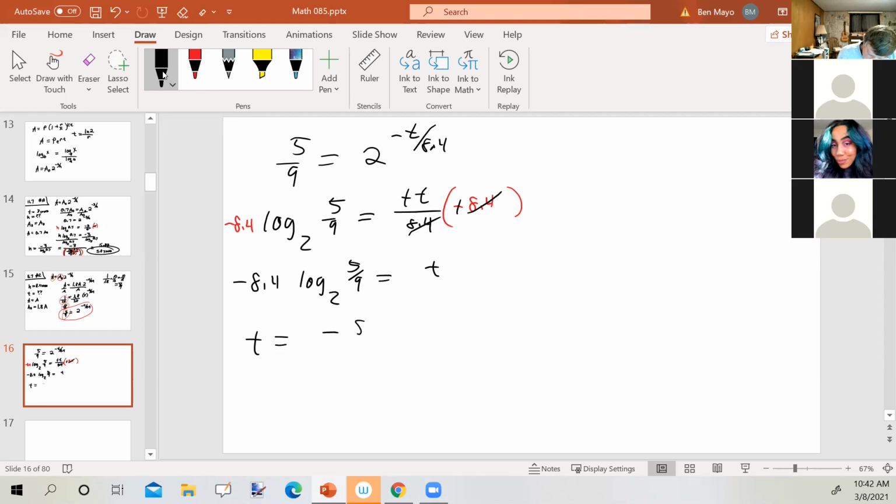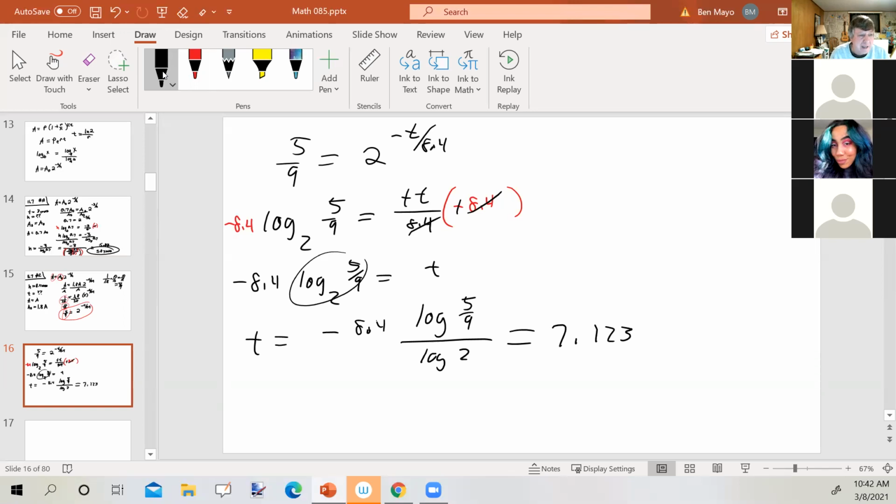So t equals negative 8.4. I'm going to use change of base. So I'm going to get log of 5/9 over log of 2. Going to the calculator, I get negative 8.4 log of 5/9, close that up, divided by log of 2, close that up, and I come up with 7.123, etc. It said round to one decimal place, so it would be 7.1 hours.